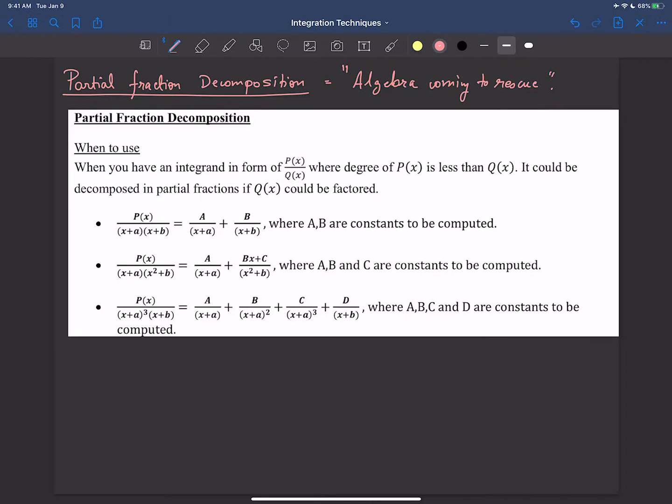Okay, welcome to the video on partial fraction decomposition, a technique for solving integrals which contain polynomials that could be factored out. Since in the last video we talked about how to tackle quadratics, when you see quadratics in different forms, sometimes it's easier to convert them into one form or the other and solve them, right?